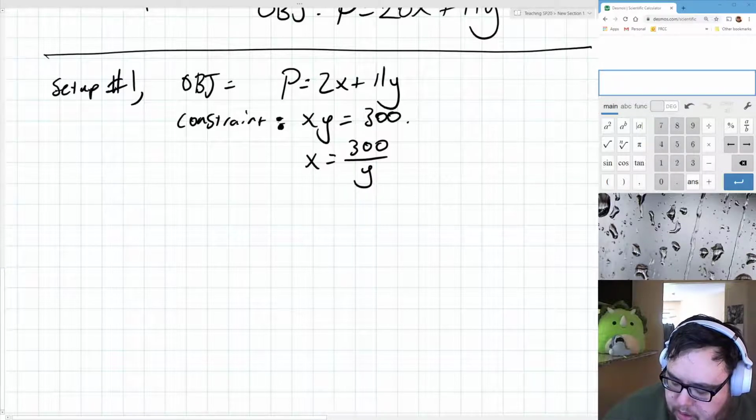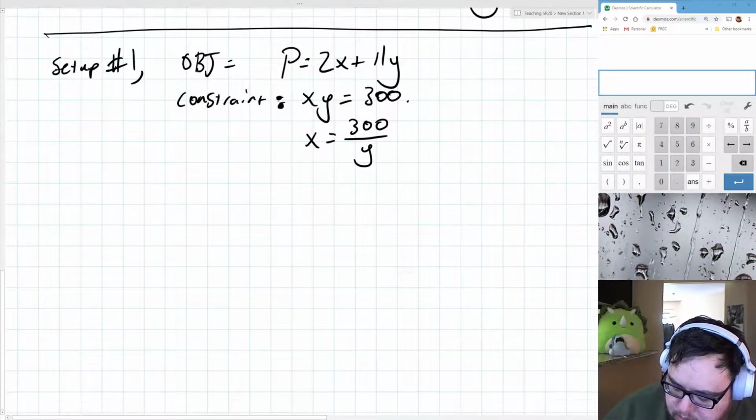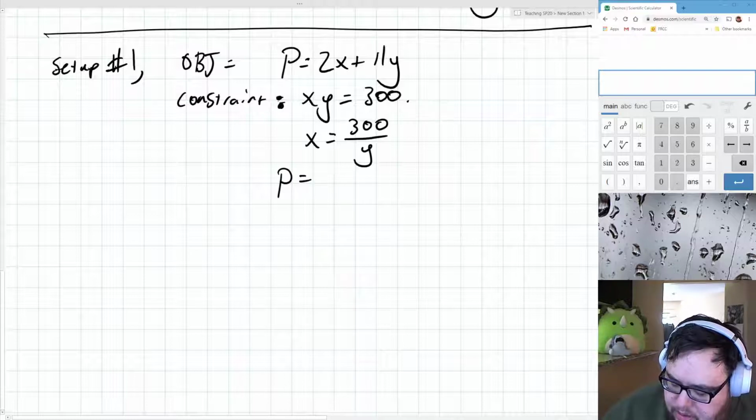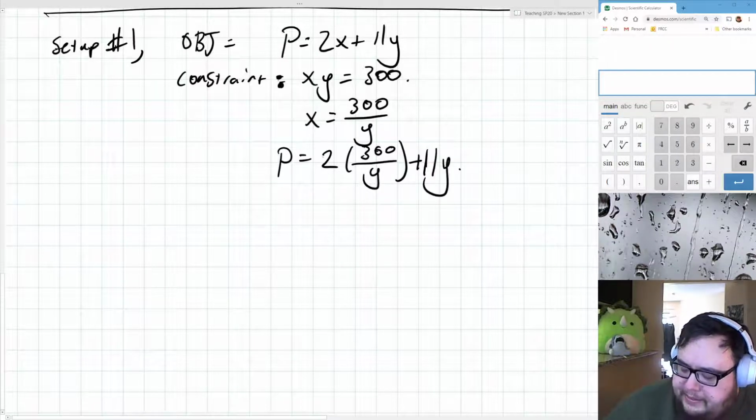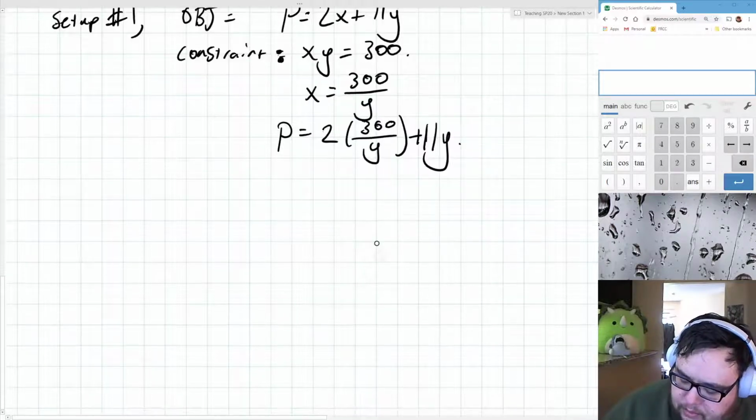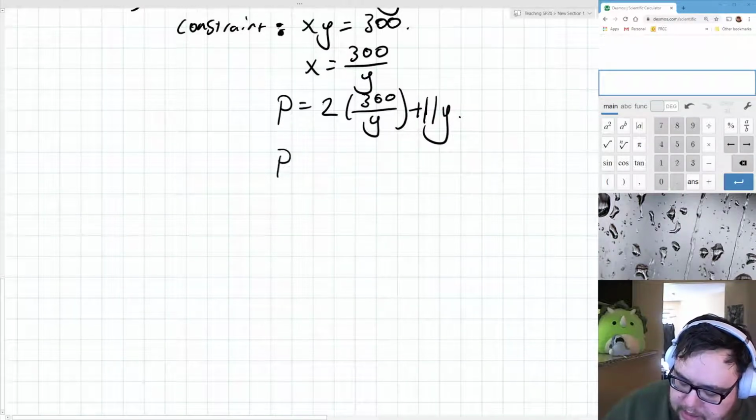So our perimeter is 2 times 300 over y plus 11y. Or P is equal to 600 over y plus 11y.